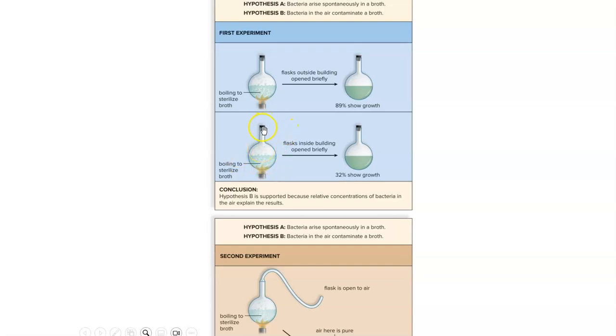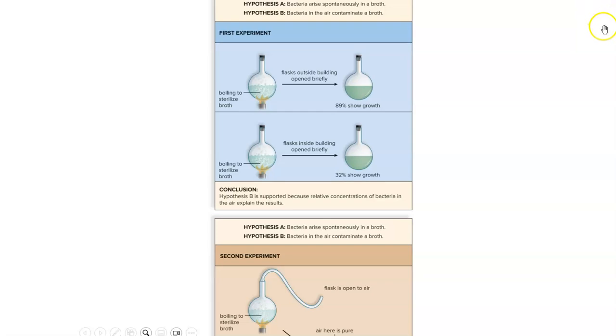Inside of the building, he removed the stopper briefly. So outside, there was 89% that showed growth. And when he did the same thing inside, 32% showed growth of bacteria. So what the first experiment told us is bacteria can come into a flask, even if it's open very briefly, just through the air, okay?